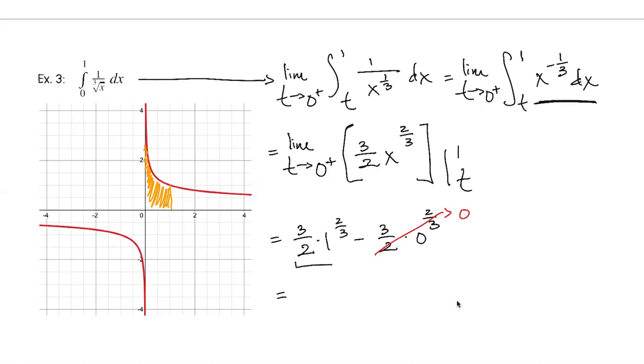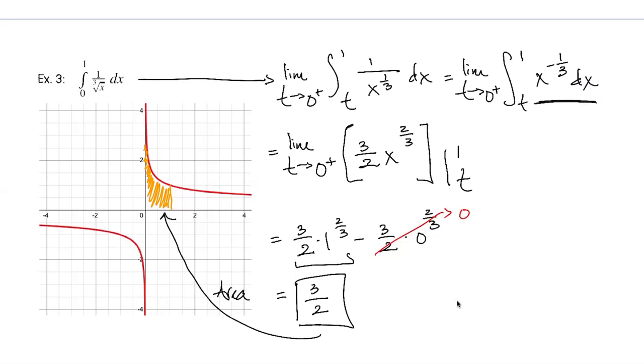And so if this part gives me a number, then we're in business. We got an area. And it turns out that gives us a final number of 3/2. And so that 3/2 represents the area that we shaded in the beginning.